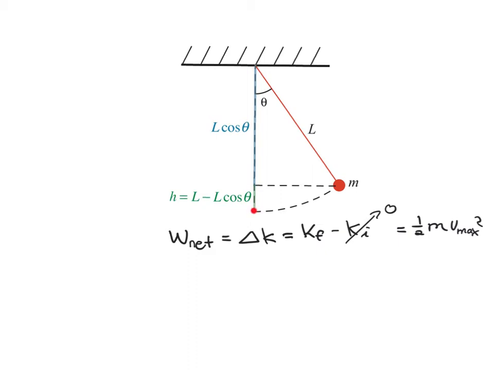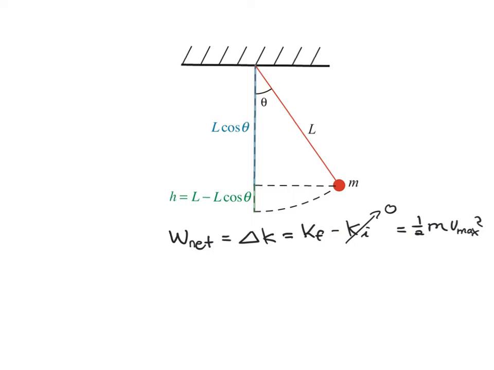That is, the final position is the position as the pendulum bob is sweeping through its equilibrium position. So all we've got to do to find v max is to calculate the net work done by all the forces acting on the mass as it moves from its initial position to its final position.